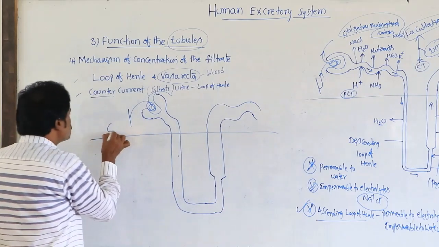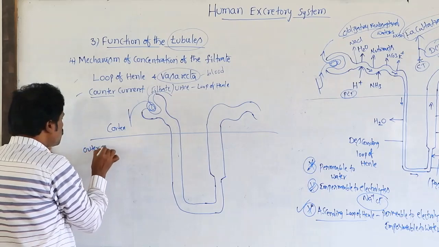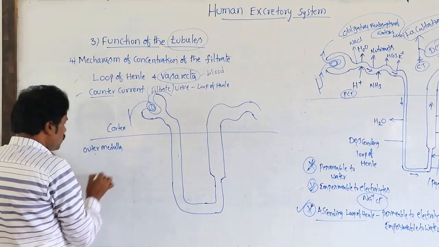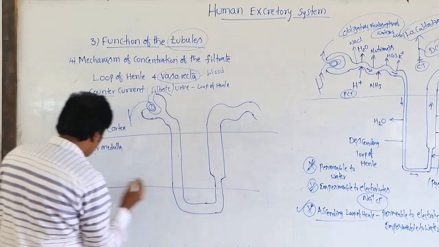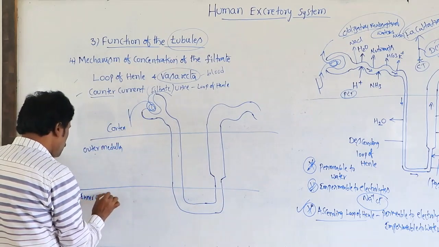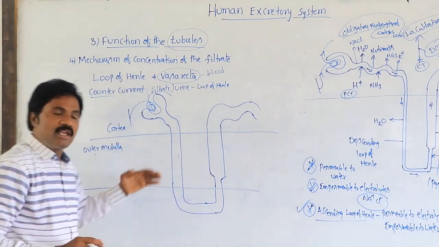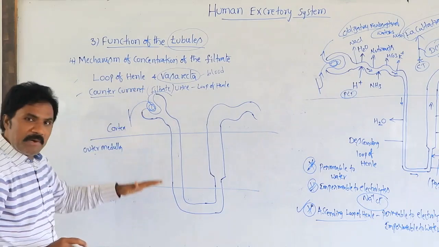This we call the cortex. This is the outer medulla. Then this particular part we call the inner medulla. Here the osmolarity gradually increases from the cortex to the medullary region.